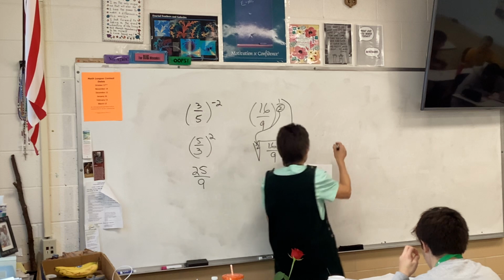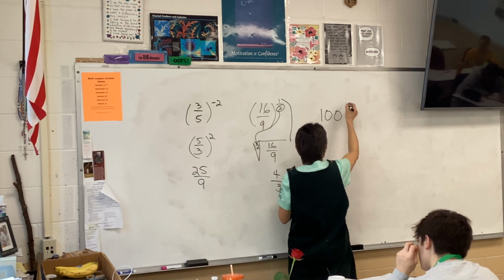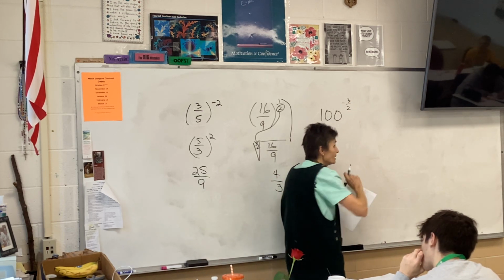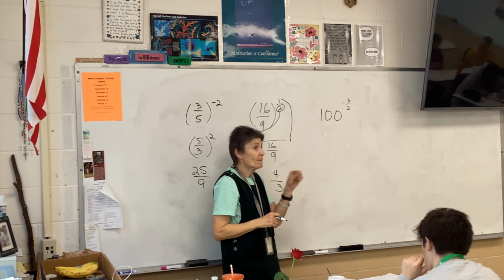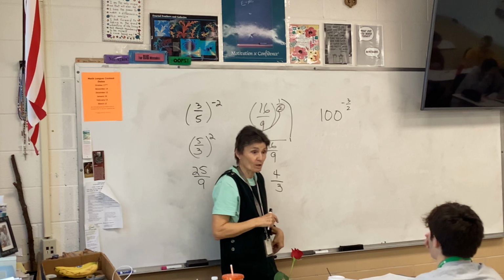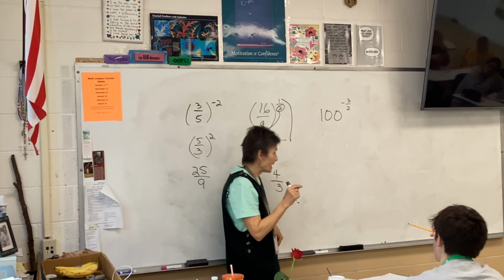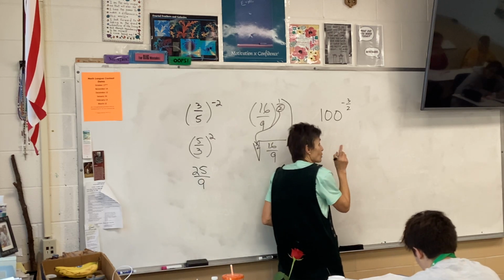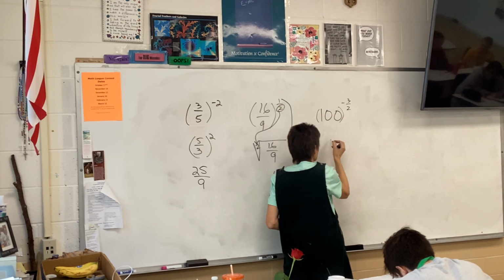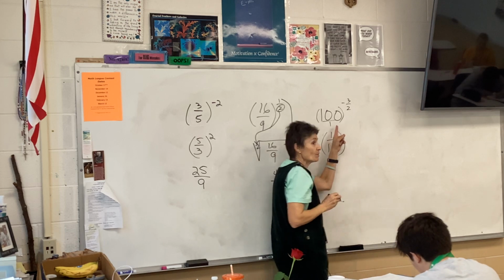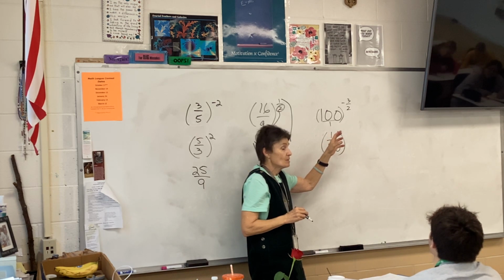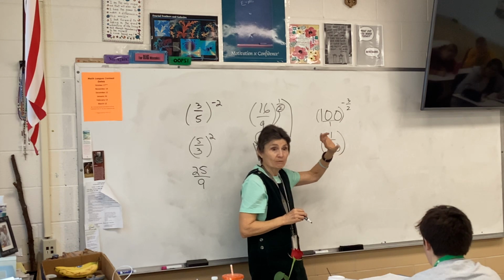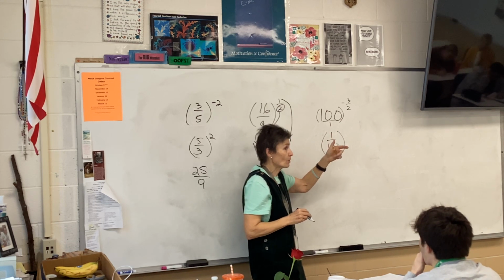All right, the next one has both a negative and a fraction as an exponent. So who remembers what I told you yesterday when you're confronted with this? Yes, very good, Jack. So the first thing we do is take this guy and write him as 1 over 100. In the original problem, isn't he 100 over 1? So the negative is going to flip him, make him 1 over 100.